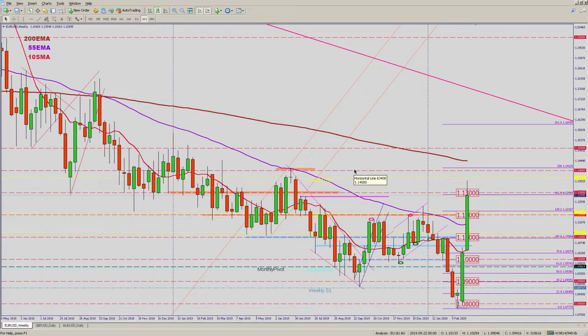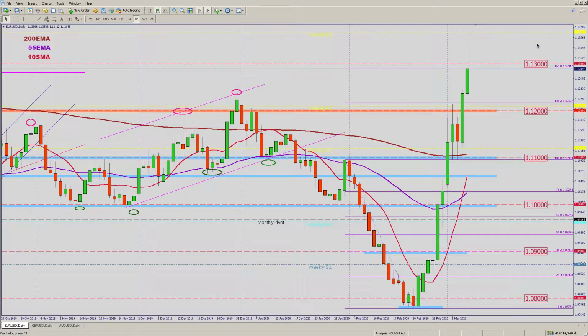But then again, there's a key event risk next week with the ECB meeting on Thursday, so we'll see how that is going to be announced by Christine Lagarde, and especially after this long week on Friday, there could be some consolidation, perhaps back down to the 112 level for a retest.